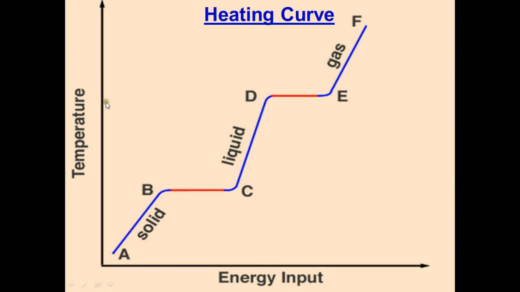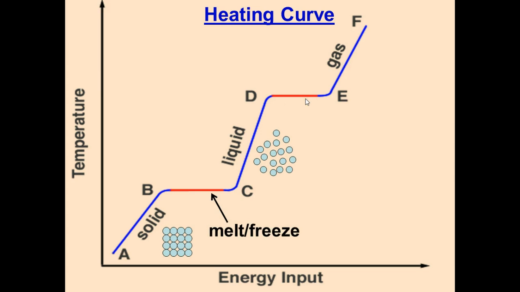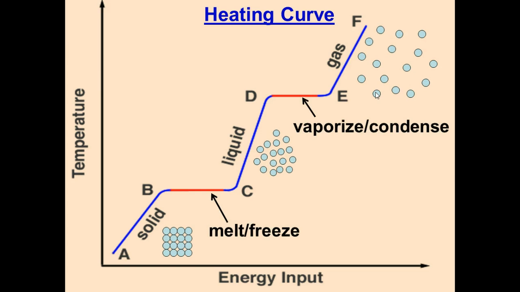Liquid's in the middle because it's between gas and solid. And then gas is all the way at the top and continues on and on. And then these little lines represent phase changes. So first one is melting and freezing, and then second one between liquid and gas is condensation and vaporization. But this is a heating curve, so technically solid to liquid is just melting. So this is melting and this represents vaporization.